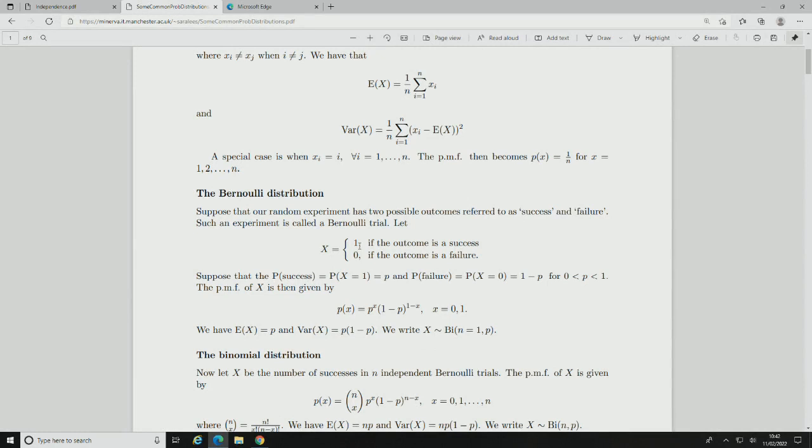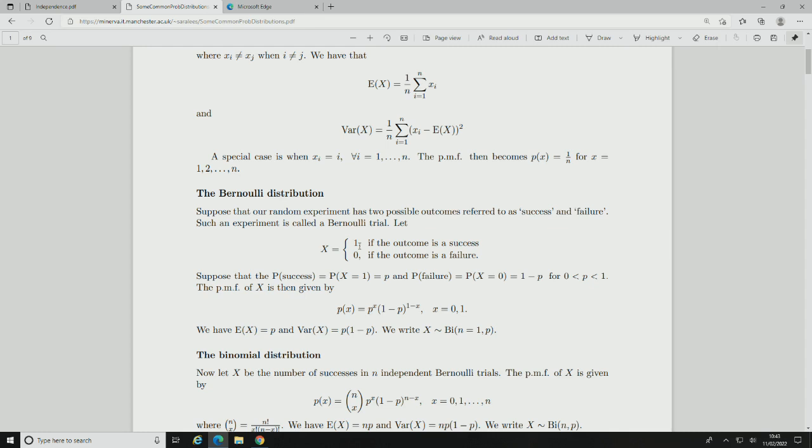It's equal to p if x equals 1, and is equal to 1 minus p if x equals 0. Yeah, this is the probability mass function of a Bernoulli variable, right? And you can also write this instead of using the brackets.